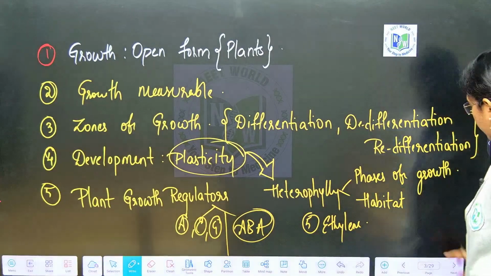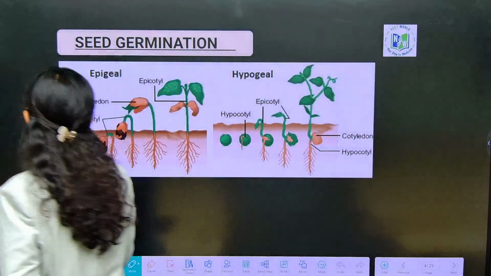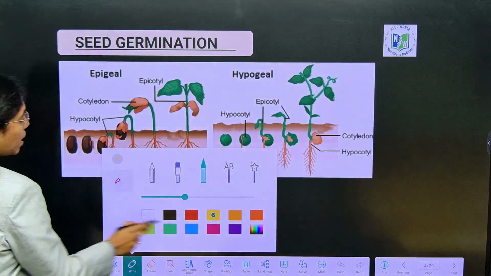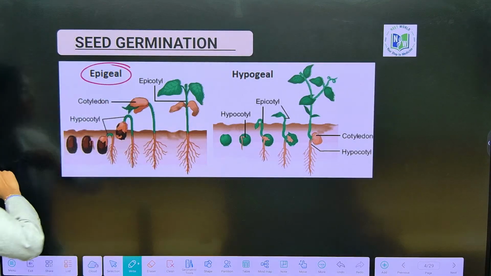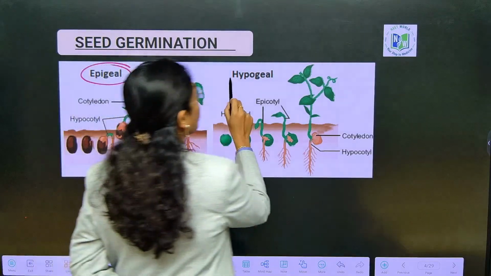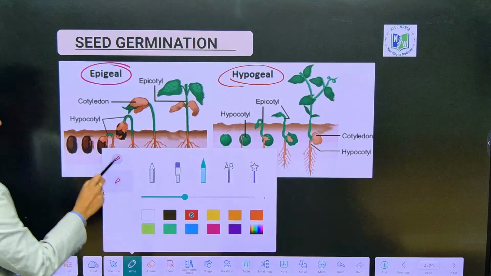I hope this is clear to you, and then we will move on to first and foremost thing, seed germination. We can find two patterns of seed germination. One is epigeal seed germination and second one will be hypogeal type of seed germination. What is epigeal seed germination?